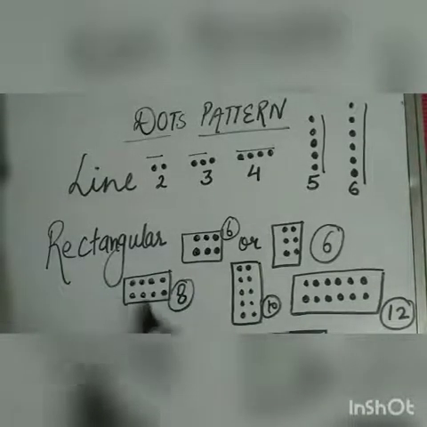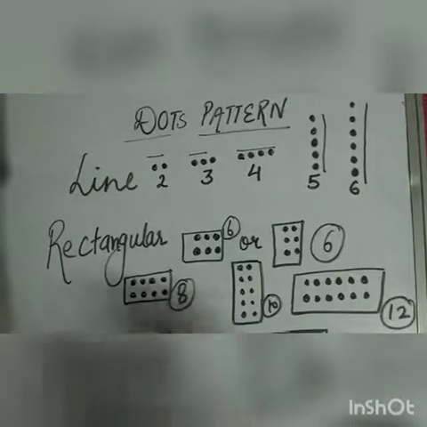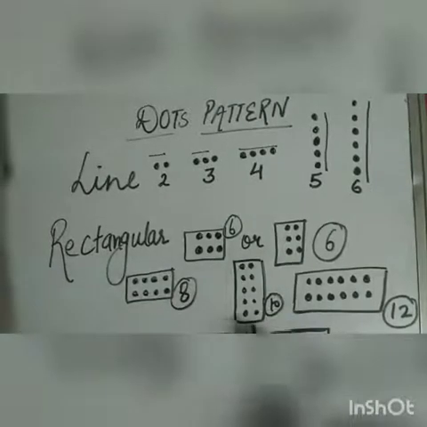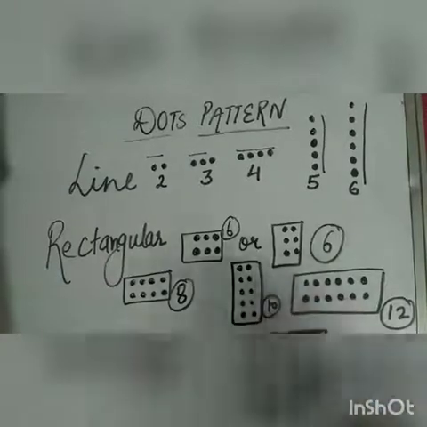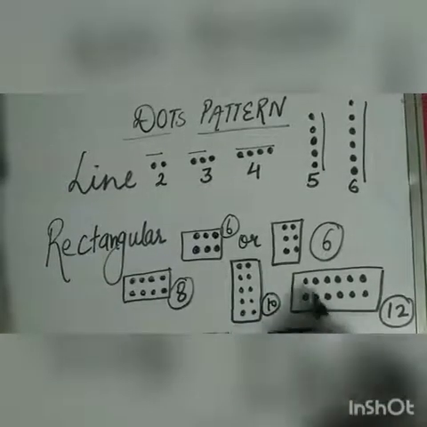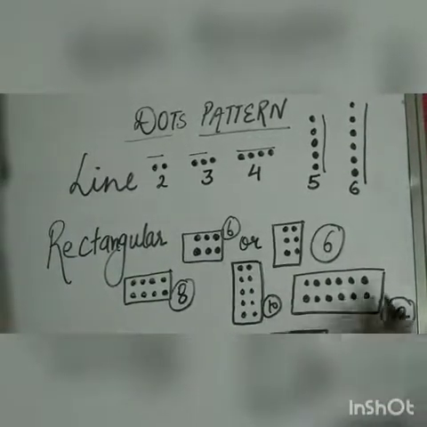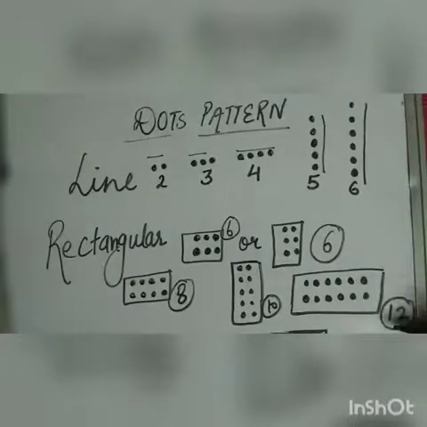Similarly, the rows are 2 and the columns are 4. Here, the rows are 5 and the columns are 2. In this, the rows are 2 and the columns are 6. So, the number of rows and the number of columns are not equal in the rectangular pattern.